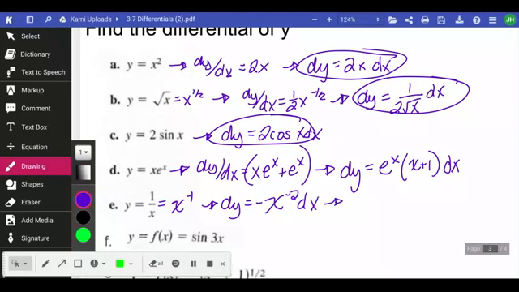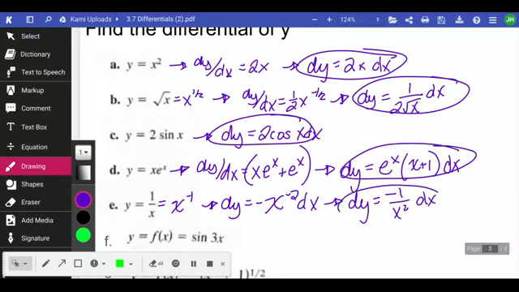But then I would like you to write it with positive exponents only. So we should have our differential as dy is equal to negative 1 over x squared dx. Any questions on that derivative? Okay.